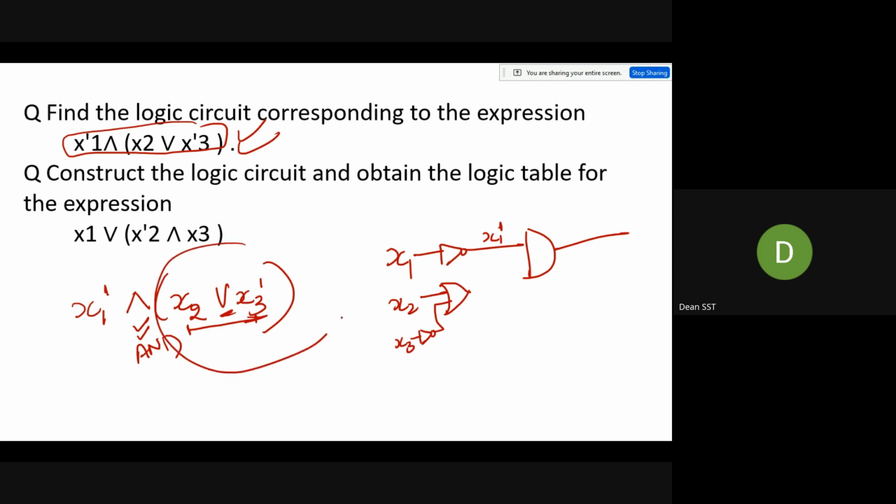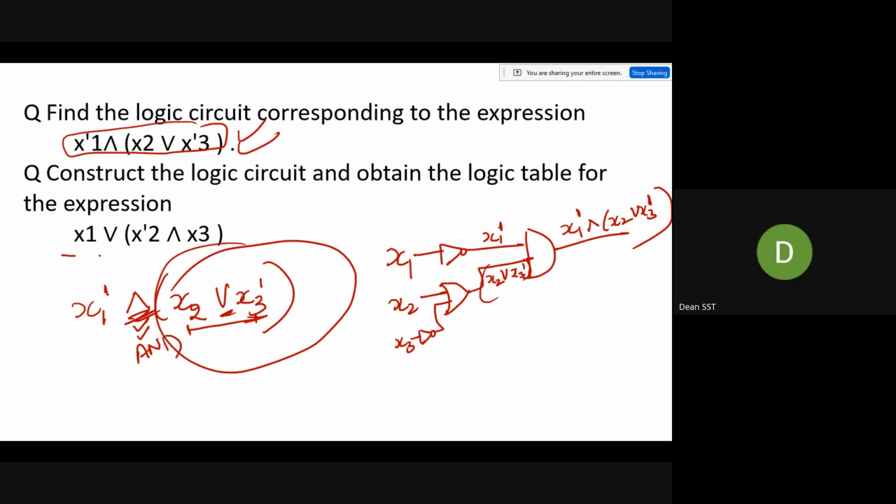Now ending. Fine. So this is x1 ka complement and x2 or x3 ka bar. Is it clear, class?